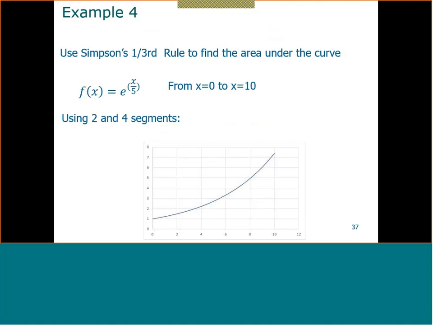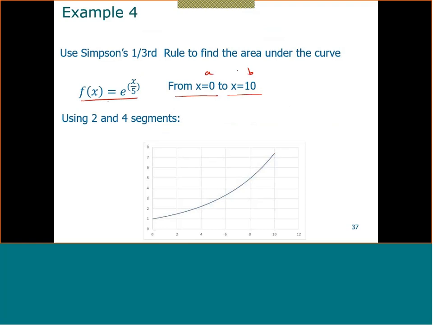So let's redo the same example that we did before using the trapezoidal rule, but now we will be using the Simpson's 1/3 rule to find the area. We'll have exactly the same function, it's a continuous function, and we will have the same limits from x equal to 0, which is a, to x equal to 10, which is b.